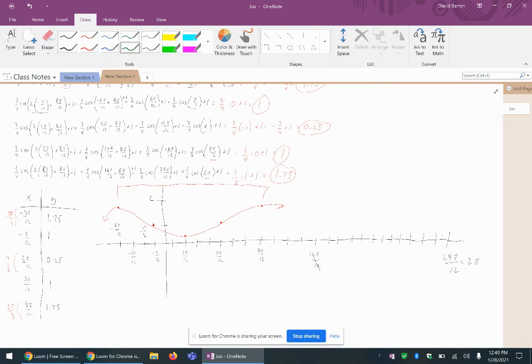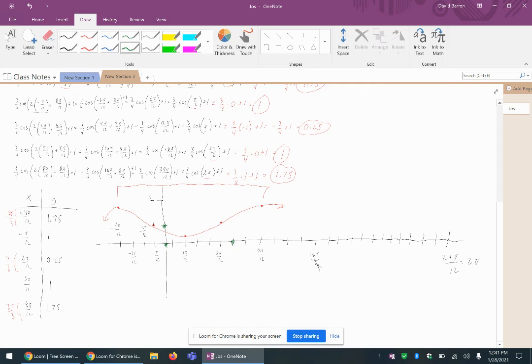So let's see, cosine of angle 0 is 1. Cosine of pi over 2, wow, it'd be great if I put the dot in the correct place. Cosine of angle 0 is 1. Cosine of pi over 2 is 0.